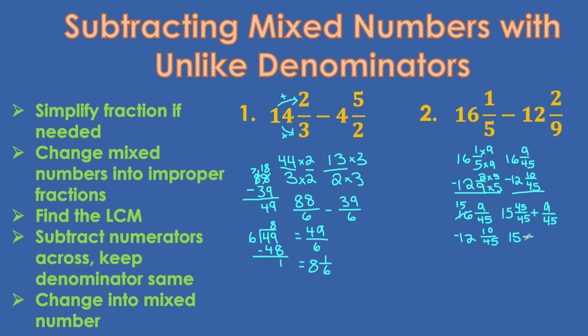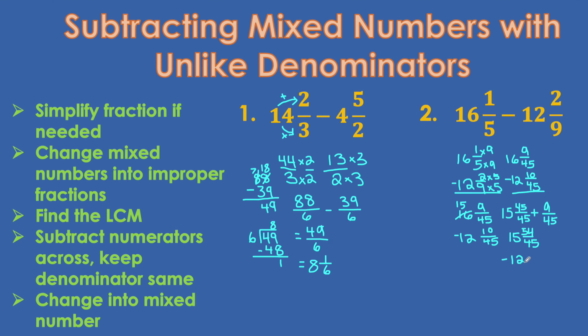So we're just going to evaluate this. 45 plus 9 is 54. So now we have 15 and 54/45. We're just going to copy this down again.